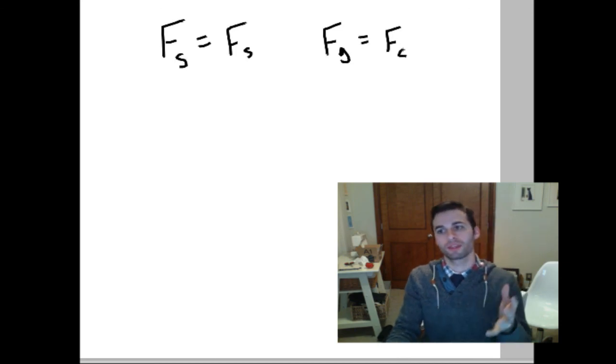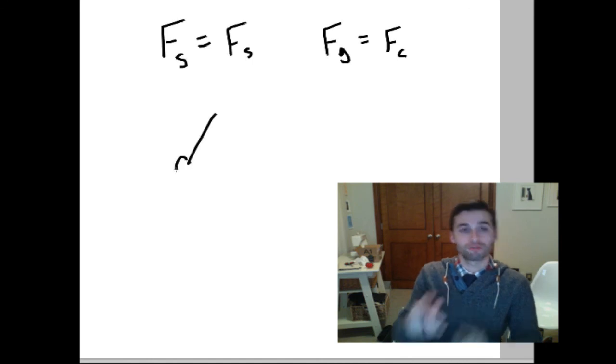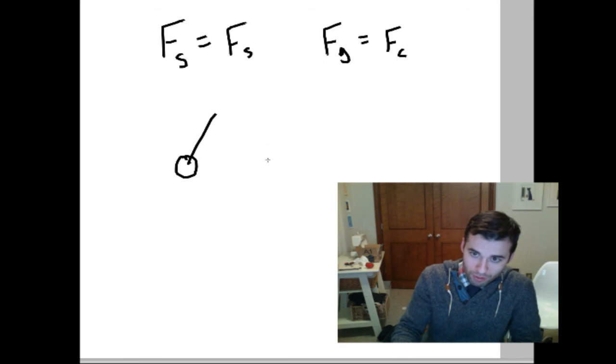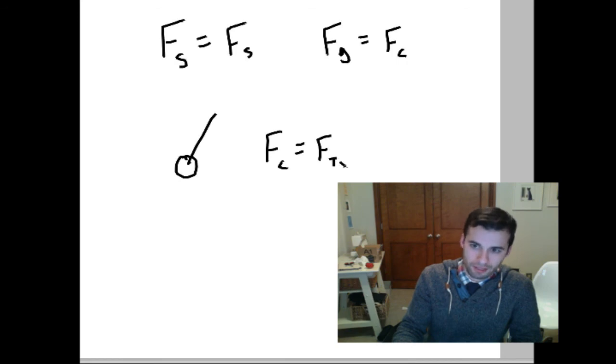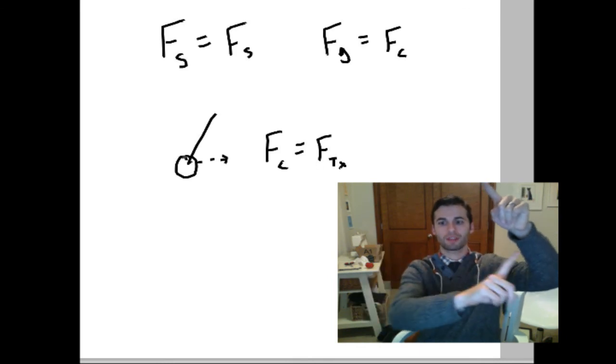Say you're dealing with a pendulum that's moving in a circle, so a conical pendulum. Your centripetal force there is going to be F_tx. It's that tension force that's directed in towards the center, because imagine that this pendulum is coming out of the board towards you and then coming in like that.